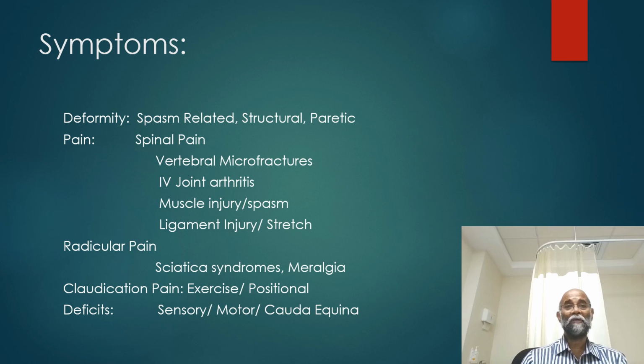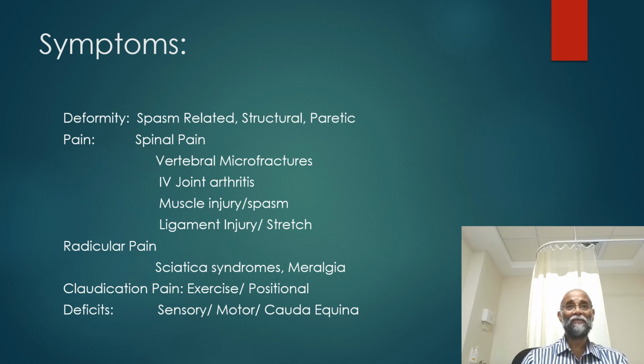Deficits might be present with spinal pathologies. You can have a sensory loss along a nerve distribution, which is usually the first phase. Following this, you can have motor weakness, that is, a muscle group gets weak. For example, plantar flexion, that is, standing on your toes, may not be possible when the S1 root is compressed.